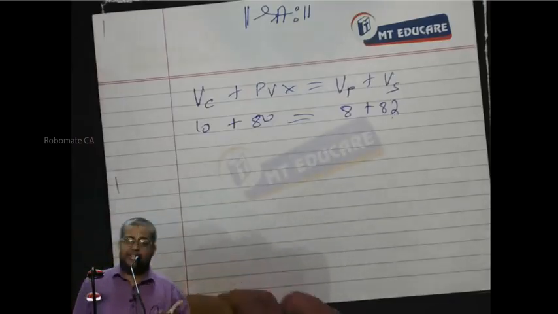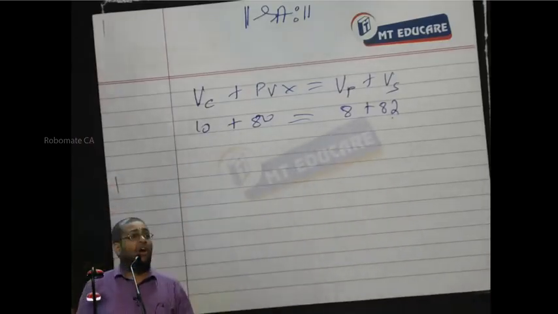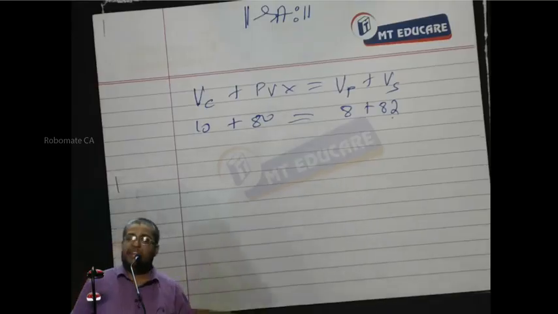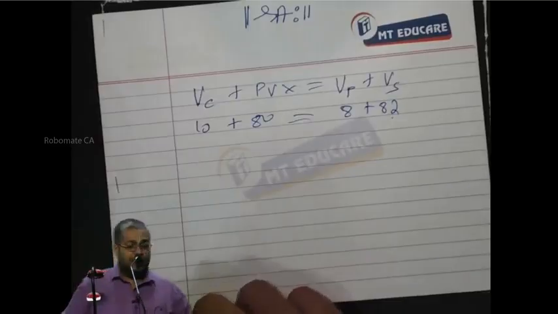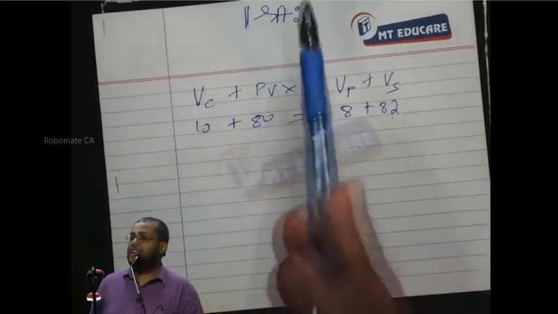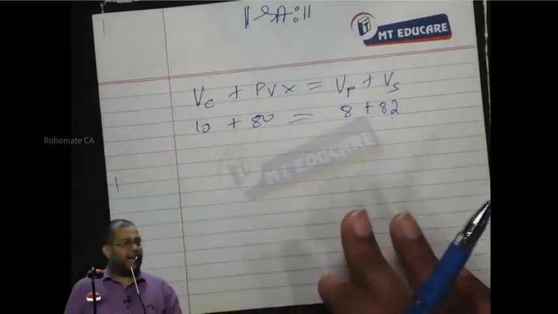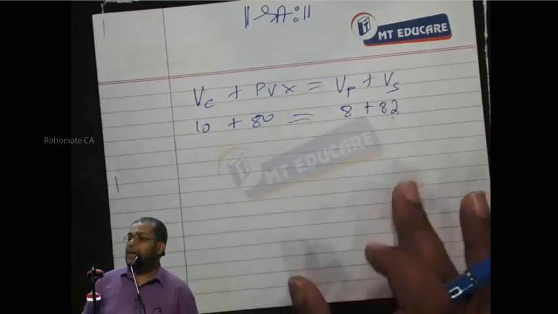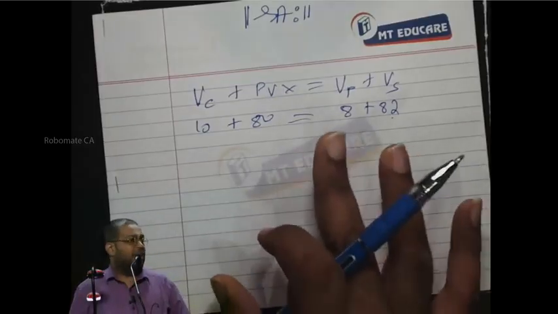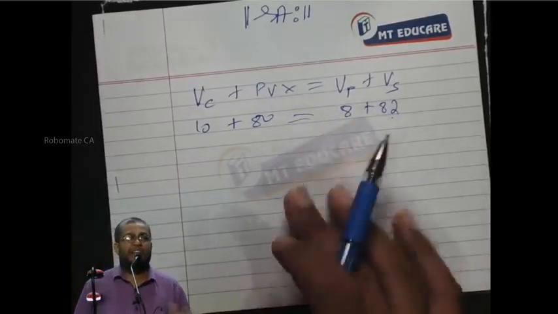There's a call, there's a put, there's a share. All three are from the same group of assets. In that case, they should have an interlink of the values. So the three values should satisfy the parity. If they don't satisfy the parity, the market will immediately jump in and make a riskless profit. That is what we call a put call parity arbitrage.